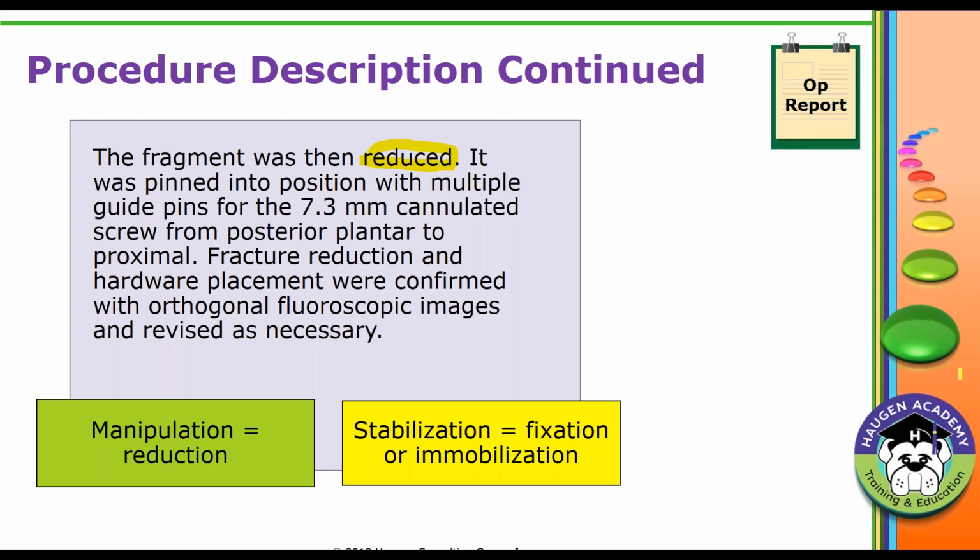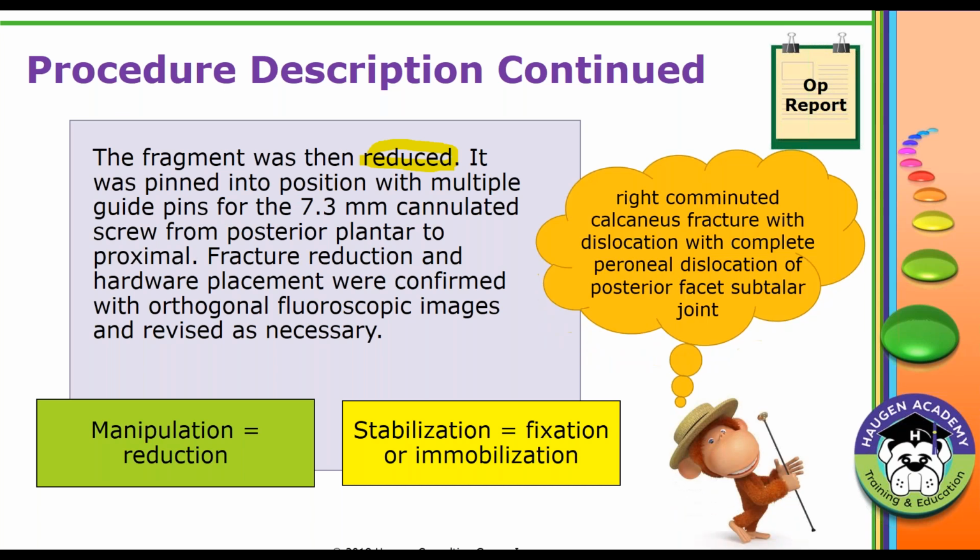Does anybody remember the post-op diagnosis that we have? It said right comminuted calcaneus fracture with dislocation with complete peroneal dislocation of posterior facet subtalar joint. So here we see that the fracture was definitely fixed, but it's hard to tell if they did a separate procedure to address the dislocation of the facet subtalar joint.